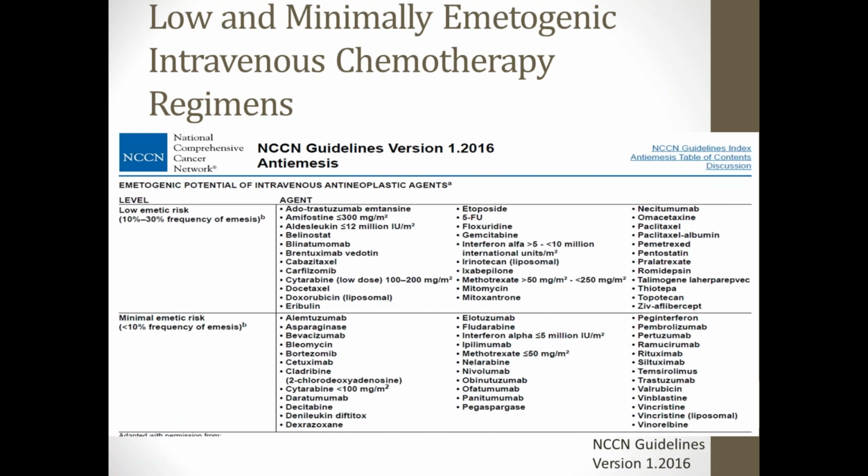Again, these are longer lists than the prior classes. I'm not going to sit here and read them all to you, but you can just go through those at your leisure. Some common ones for your low group are docetaxel, fluorouracil, and your minimally emetogenic group of drugs are mainly going to be your monoclonal antibodies, such as Rituxan is a common example.